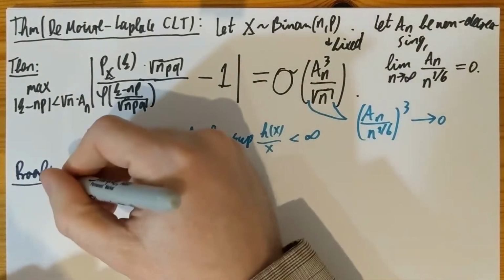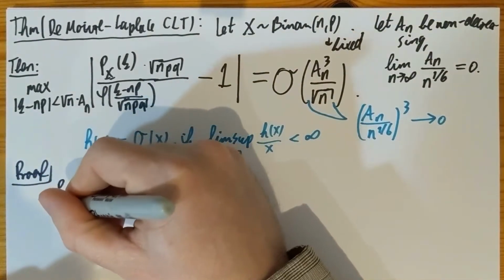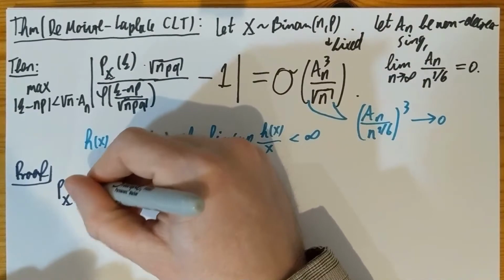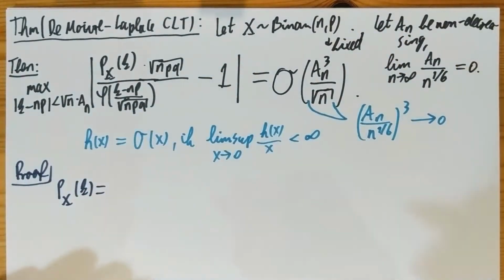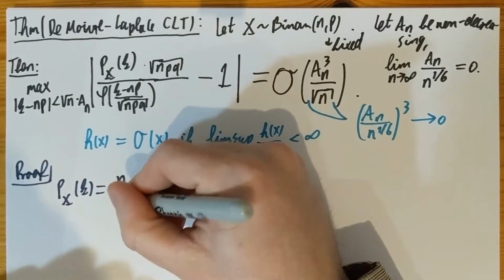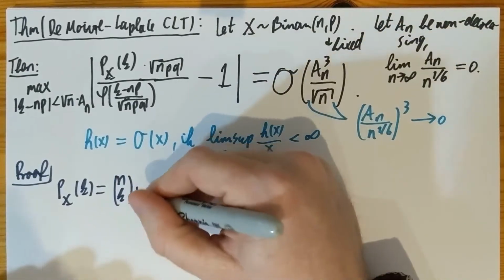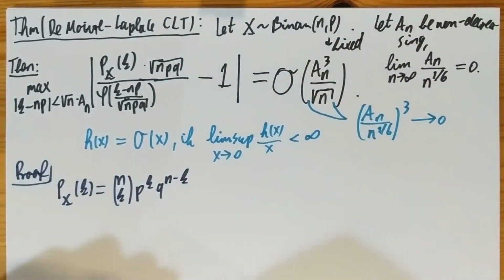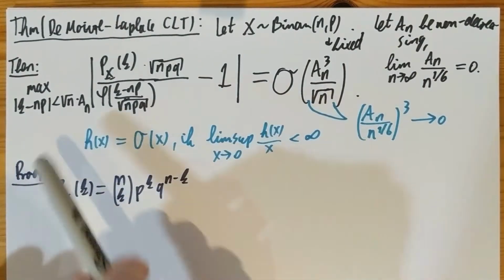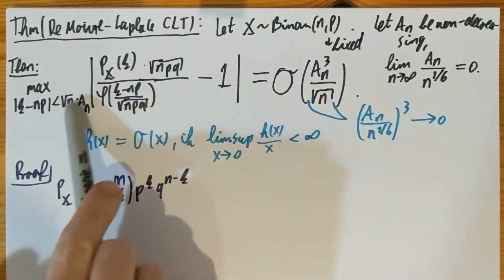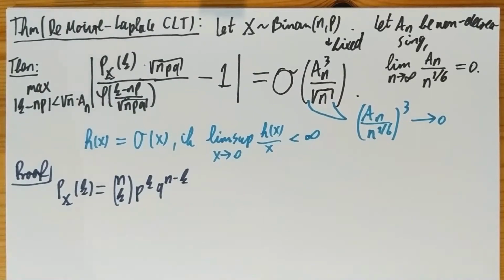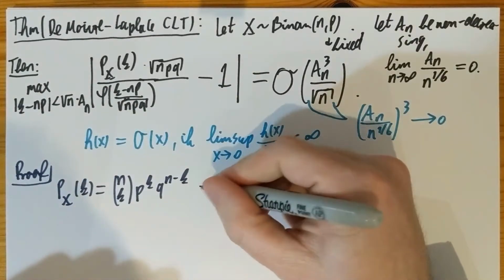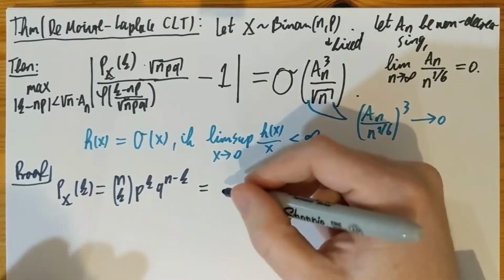Okay, so the proof starts with expanding on this mass function. What is this mass function? This is of course n choose k, p to the k, q to the n minus k. And we think of n as something being large and k being closer to np than square root of n times an. Okay, so let's write out the factorials.